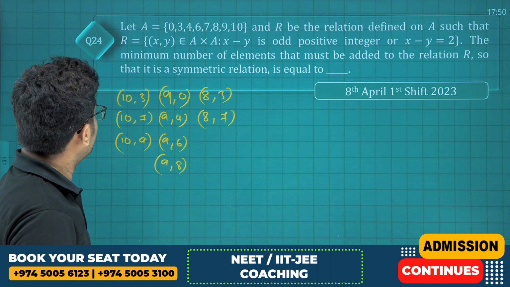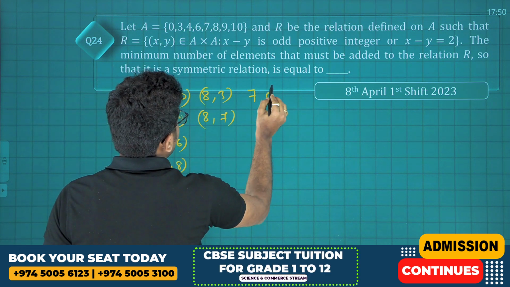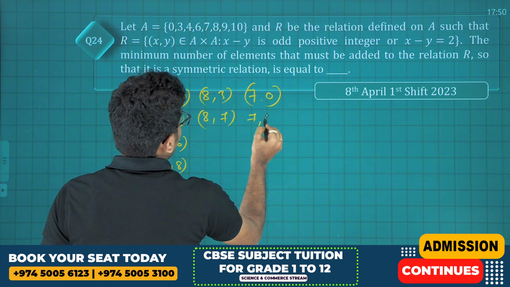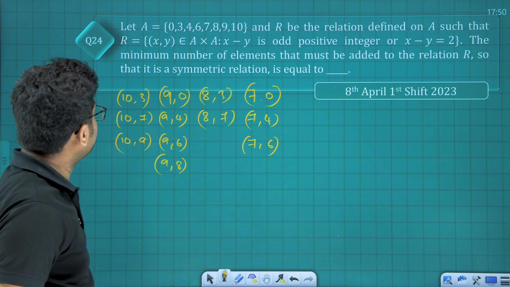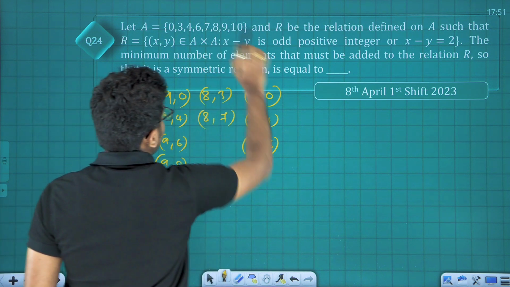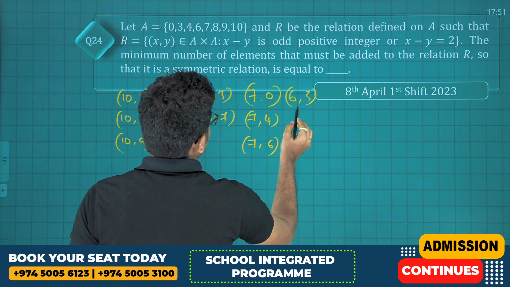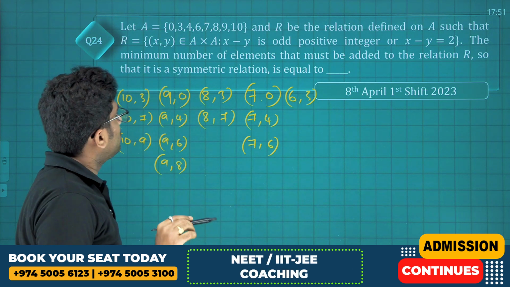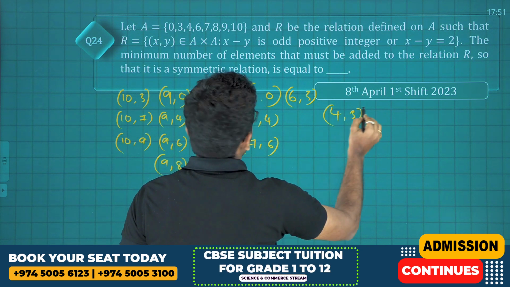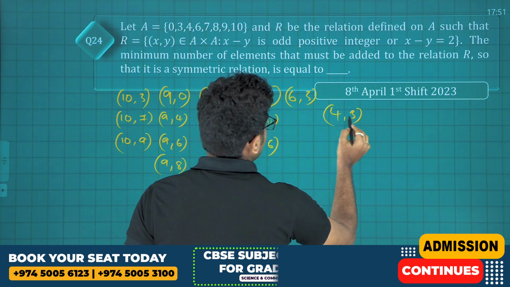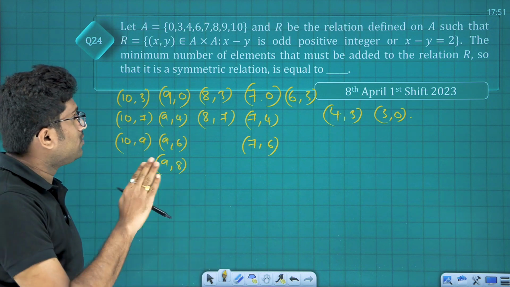Next 7: (7, 4), (7, 6). Then with 6: (6, 3), only that. Next 4: (4, 3). So these are the odd pairs that we have got.